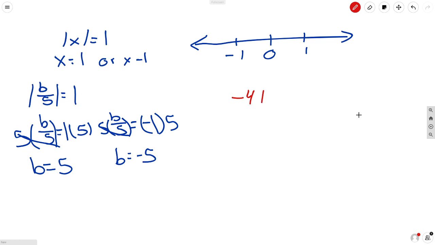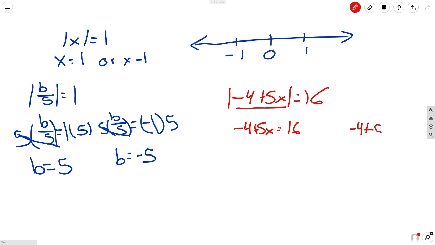Something a little more complex here. Alright, so again, we set everything in the absolute value symbols equal to 16 and negative 16.